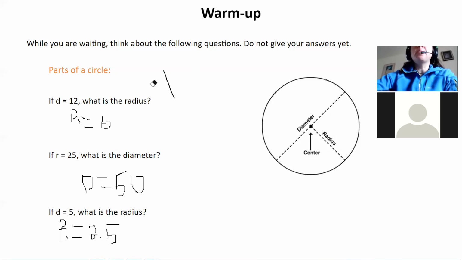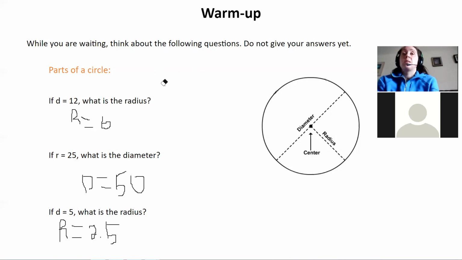So let's talk about radius and diameter. This slide illustrates the relationship between radius and diameter. Can you guys tell me, how do radius and diameter relate? What do you guys think? We can see it from what was filled out here.